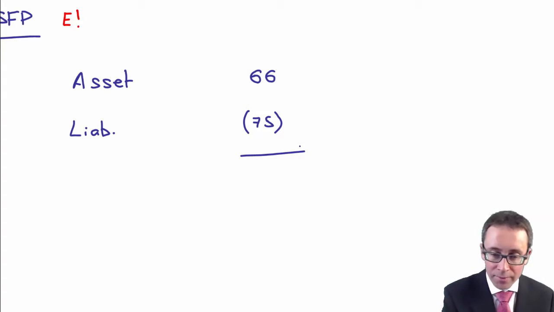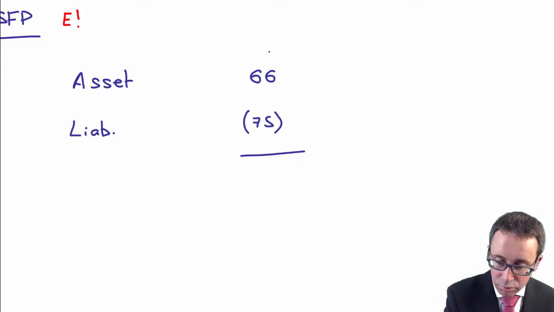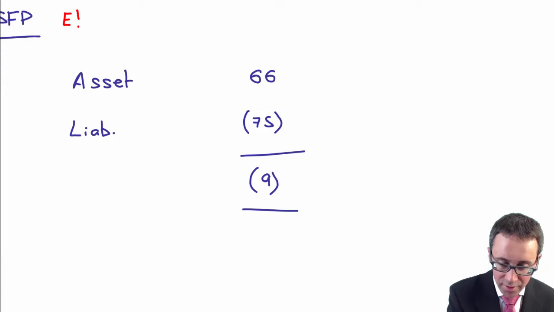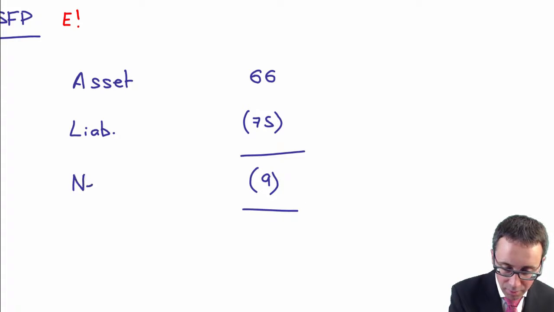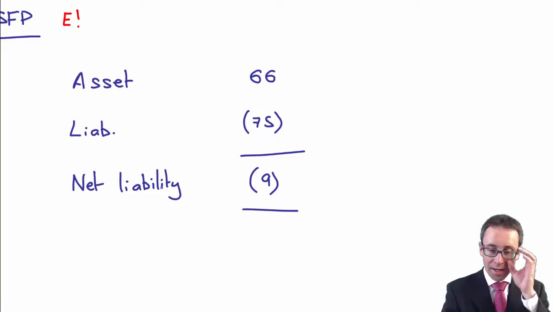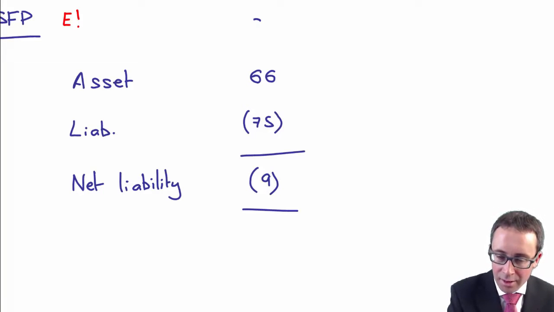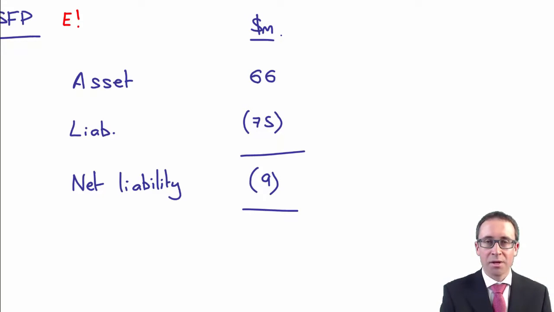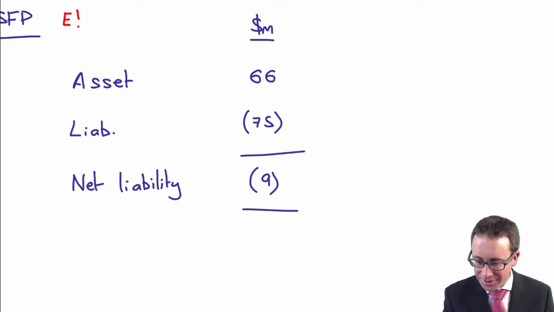And what you have there is 9, your net liability. On the SFP, I'll keep it simple. We'll work it in thousands, because it tends to be a bit easier when you work in thousands later on. Nice and straightforward.